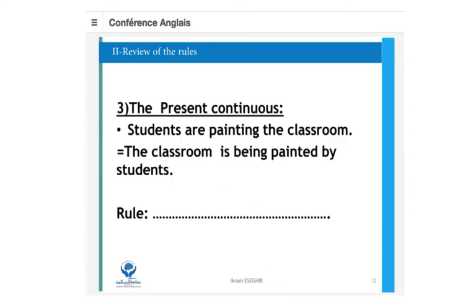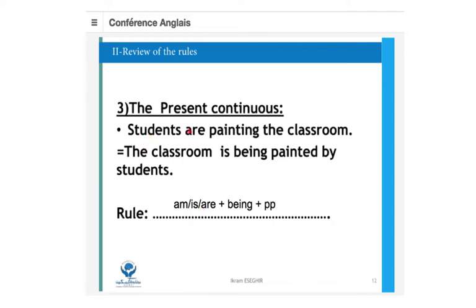Number 3, present continuous. So in the present continuous, you have the sentence, students are painting the classroom. Okay, students are painting the classroom. So we have present. Number 1, we have present. So I put is, and are. Plus continuous, mean I add being plus past participle.